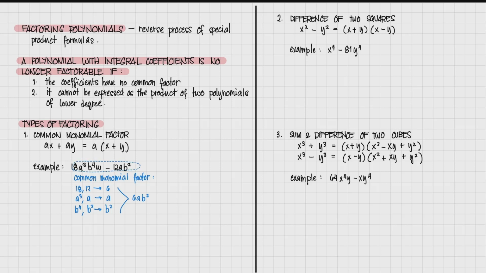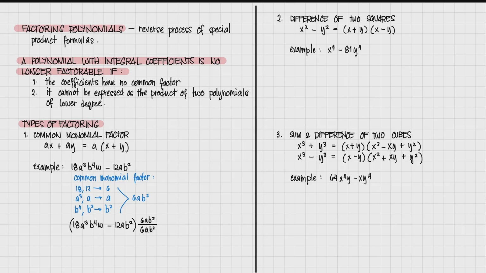this. Let me just copy it and paste it. Basically, we're going to divide this by its common monomial factor. So what that entails is you're going to multiply the whole thing by this. Wait, that's wrong. It should be in parentheses.